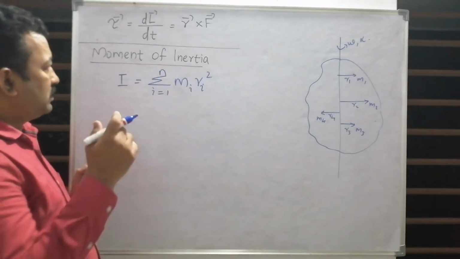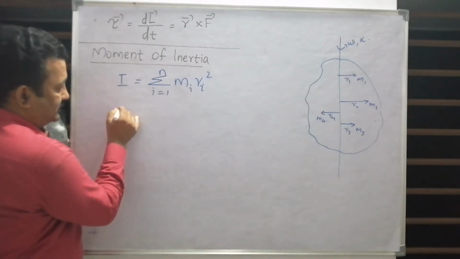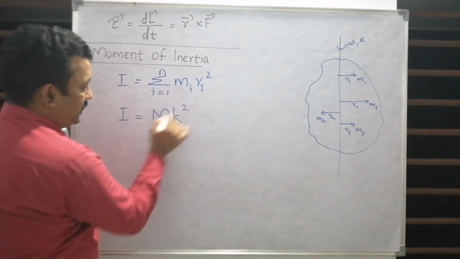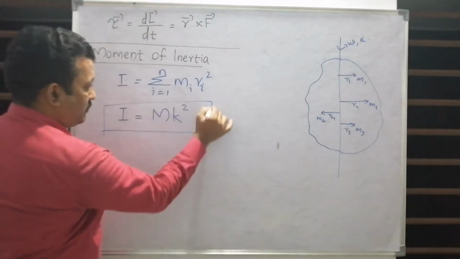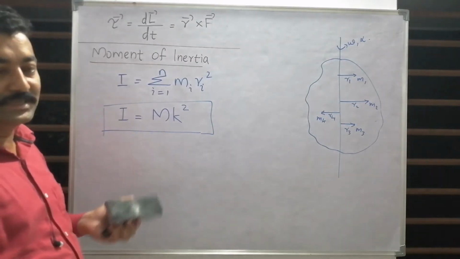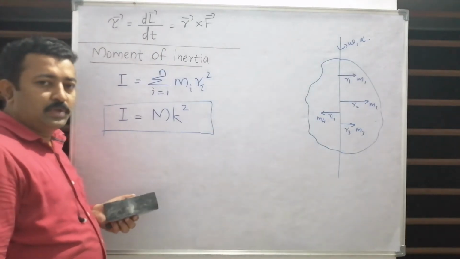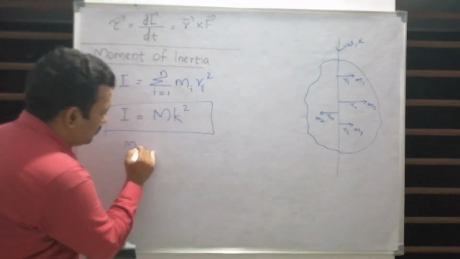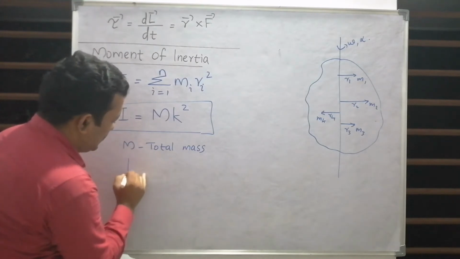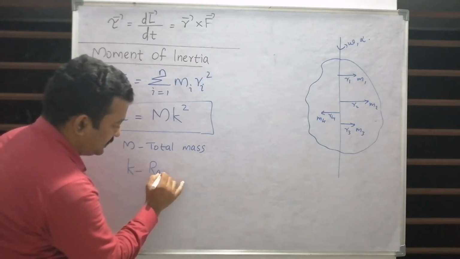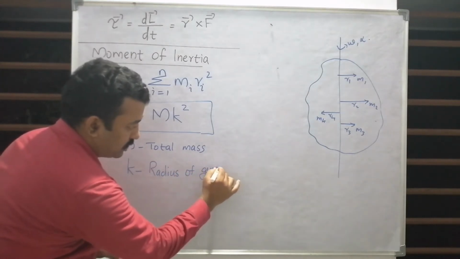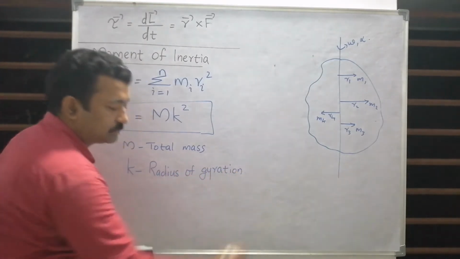And in all cases, I can express it as m into k square. When you do some examples, you can see that this can be expressed like this, where m is the total mass of the system and k is called the radius of gyration.